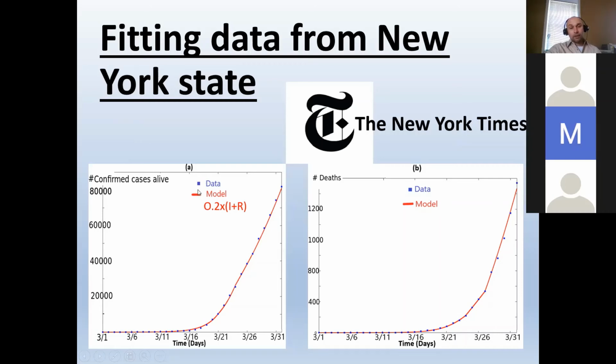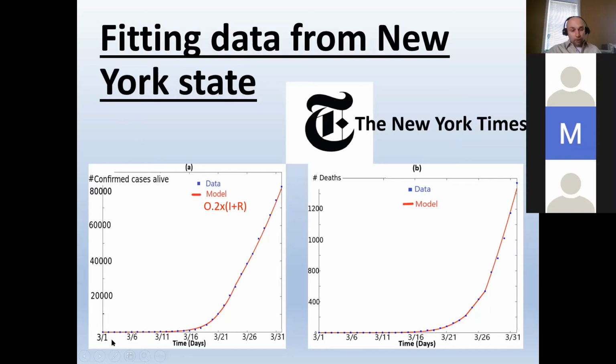So what we did with the model is a non-autonomous model: we fit the data with I plus R from the model times 0.2, because I plus R are meant to be the real infected and the real recovered people at time t, and we divided by 5 to get the confirmed cases, the cases that were counted in statistics, right?